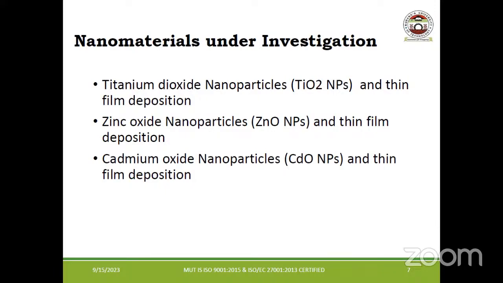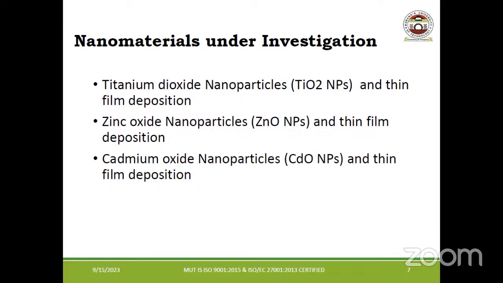We also have zinc oxide. The same case, we optimize the nanoparticles, grow the nanorods on the thin film. As I said earlier, on this thin film we form a seed first before growing the nanorods, and these seeds must be optimized nanoparticles. The other compound is cadmium oxide nanoparticles.